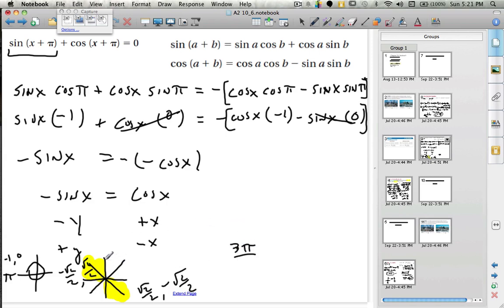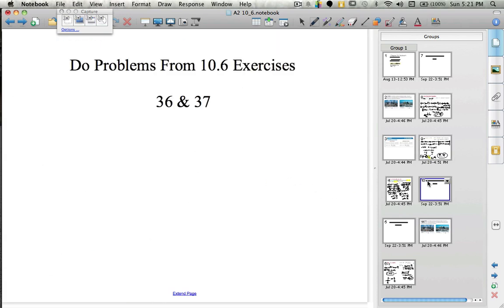So I have 1 pi over 4, 2 pi over 4, 3 pi over 4, 4 pi over 4, 5, 6, 7 pi over 4. Okay, so you give this a try. Go ahead and do problems 36 and 37. Come on back and we'll do one more where we talk about daylight.